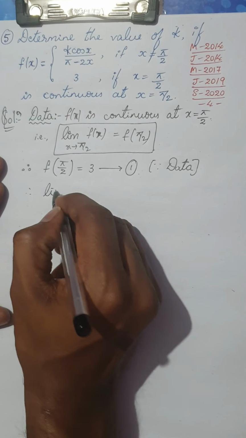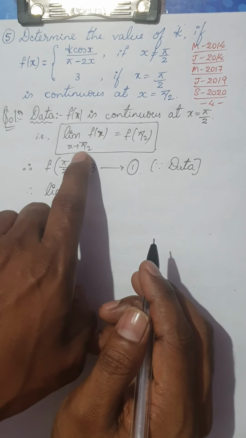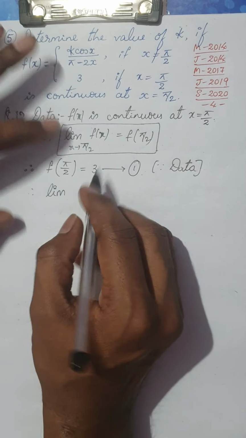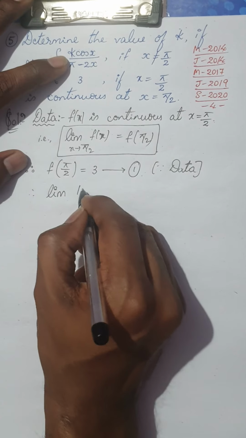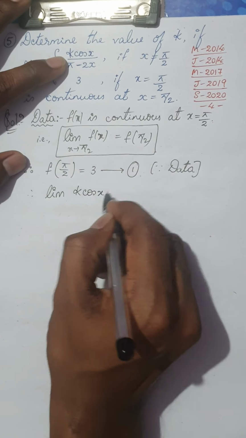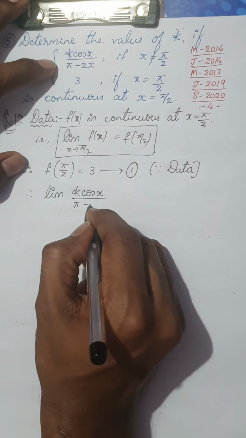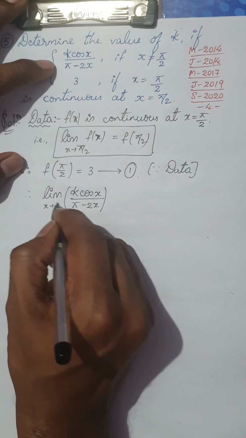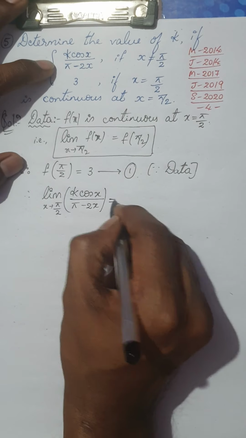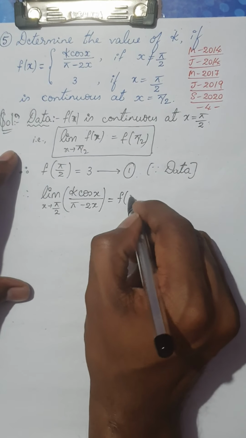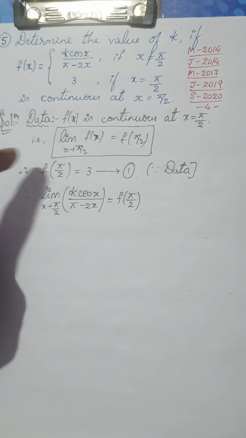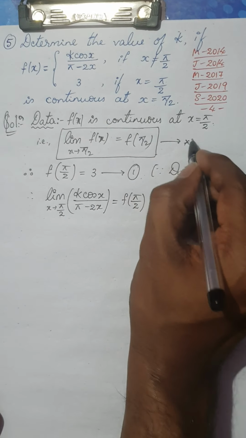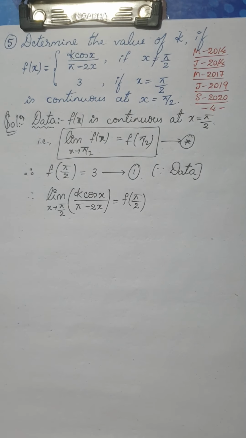Therefore, limit of what is the for x is not equal to pi by 2, the function becomes this. So let me, for f of x, I'm going to take this. So I'll get k cos x divided by pi minus 2x as x tending to pi by 2 is nothing but f of pi by 2. Is it clear? I'm just using this result here. Is it clear? This is the most important result. Every time we write equation star, I can consider.